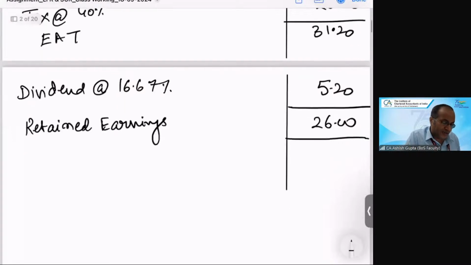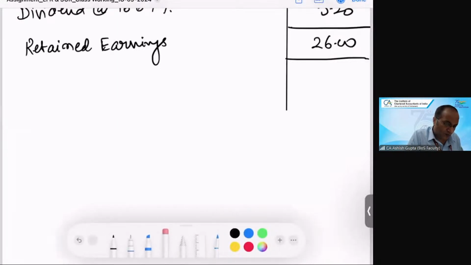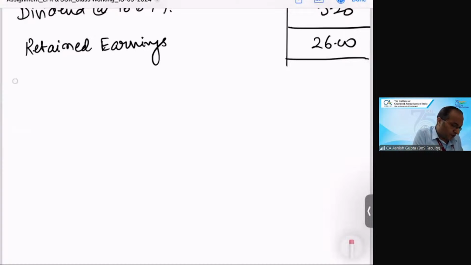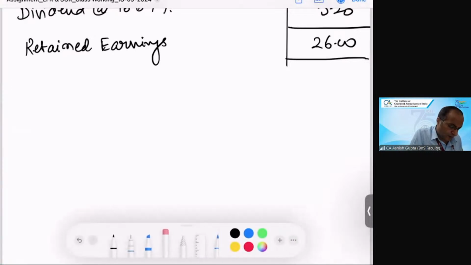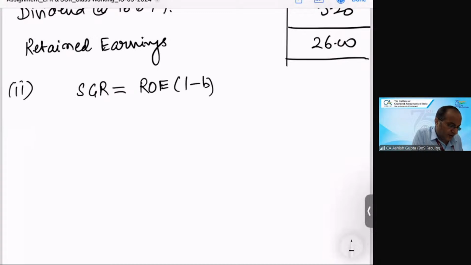Now, since I have to compute the sustainable growth rate, I compute it by SGR is equal to return on equity into 1 minus b. How will I compute return on equity? First of all, I will compute my net worth.